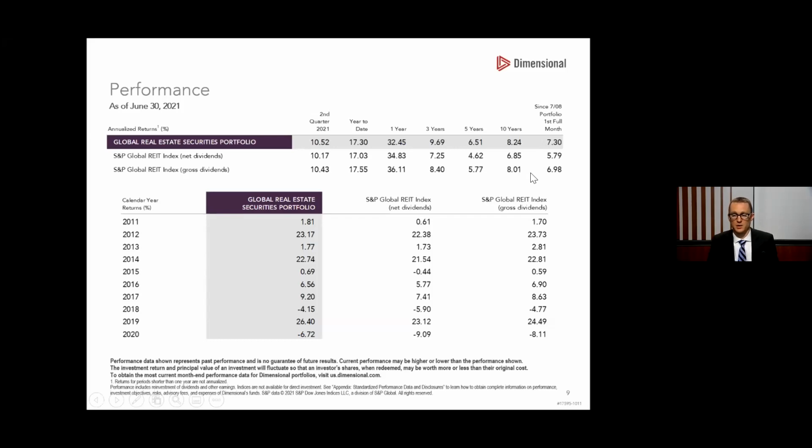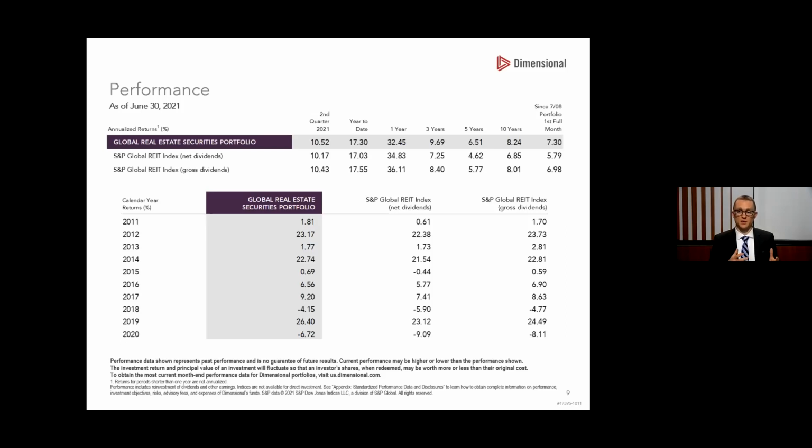And I want to talk about this for a second because it's an important distinction to make. The net dividend index assumes that all distributions that are made from that index are taxed at the highest applicable rate. So it's essentially a worst case scenario that most investors will not be subject to.